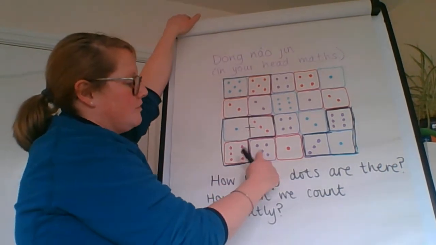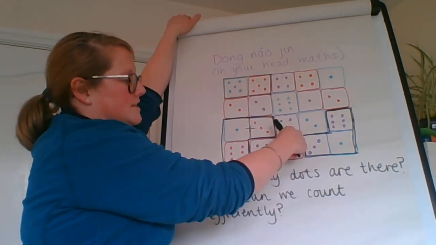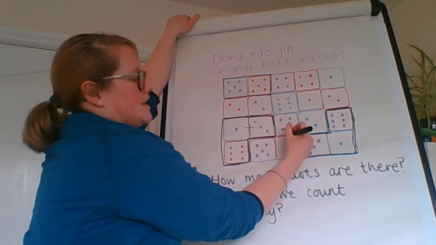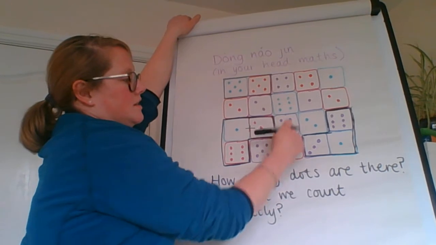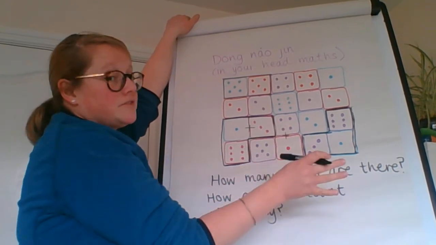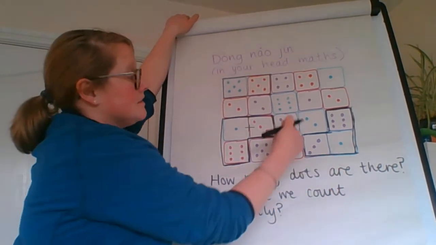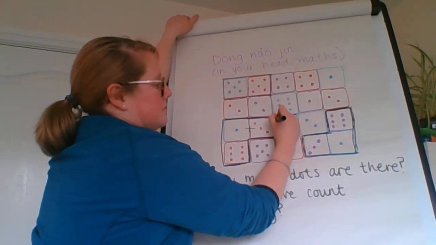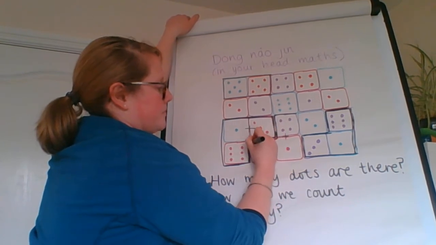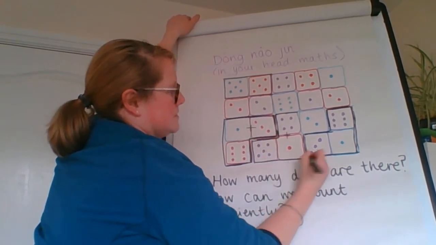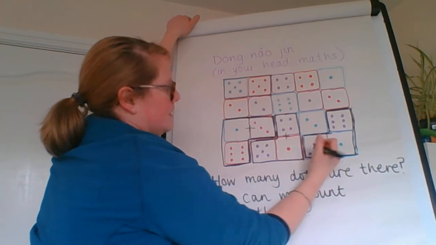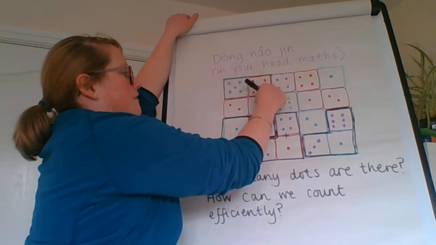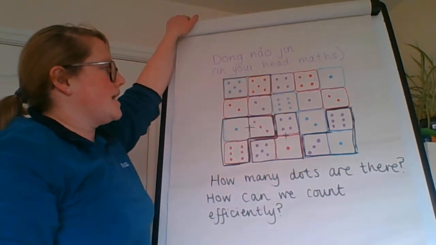Now I can see here 5 add 1 is 6, add 4 is 10, so 4 add 1 is 5, 5 add 5 is 10, so I can just join those two to make 5, and you don't have to do the cross, it helps me. So 4 add 1 is 5, add 5 is 10, so now I'm going to group these ones, and already I've got 1, 2, 3, 4 groups of 10.